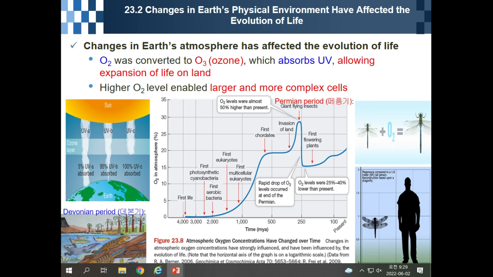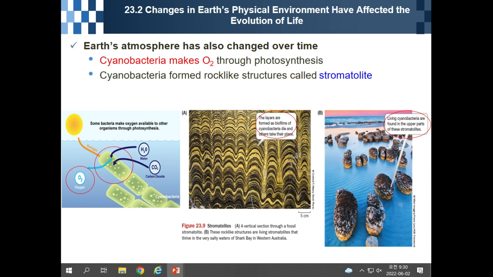Because we analyze the width of the layer. If the width of the layer is large, it means that at that time there were a lot of cyanobacteria, so we can estimate there was a lot of oxygen. If the layer is very thin, it means there were fewer cyanobacteria, so there was less oxygen.